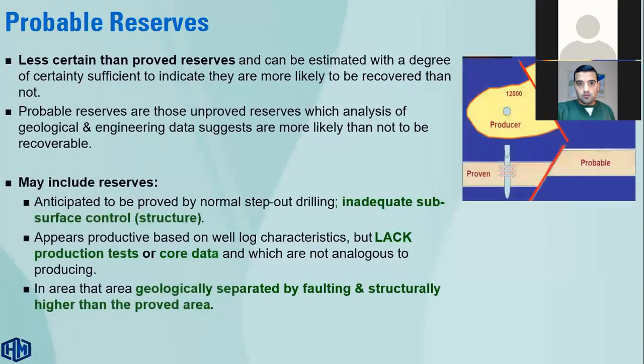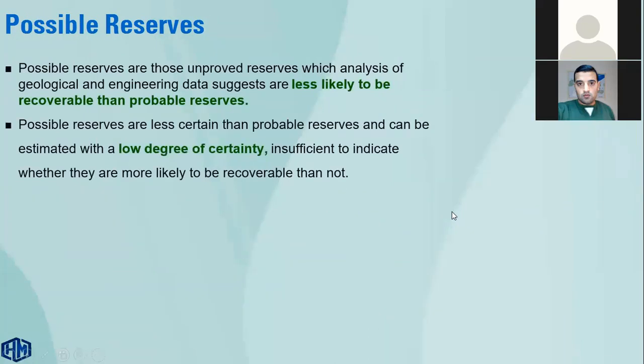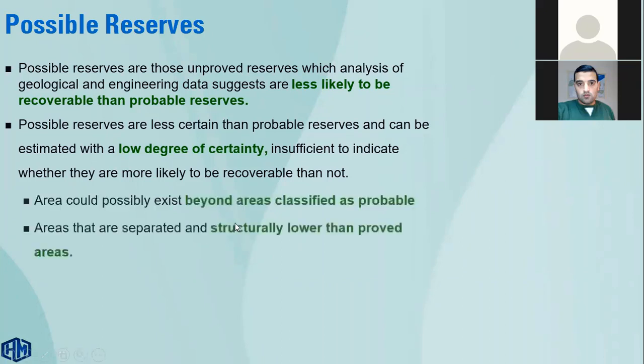Probable reserve is less certain than the proved reserve by definition. As you can see, maybe an area is geologically separated by faulting like this, and higher in structure, this is proved, and this area is higher in structure than the proved area. So this area can be classified as probable reserve. Possible reserve by definition is less certain than probable, and we have a low degree of certainty in the input parameters.